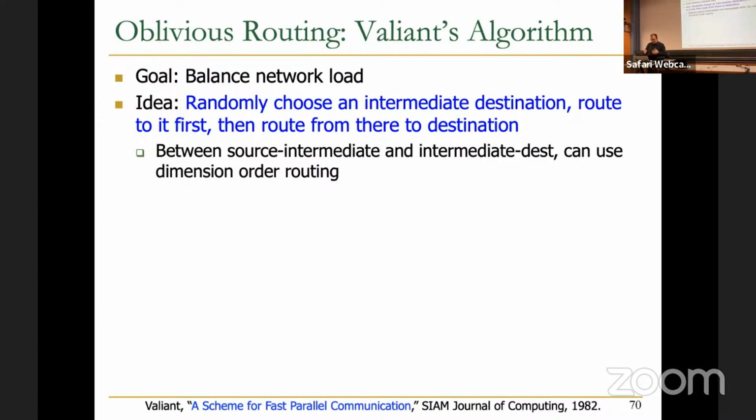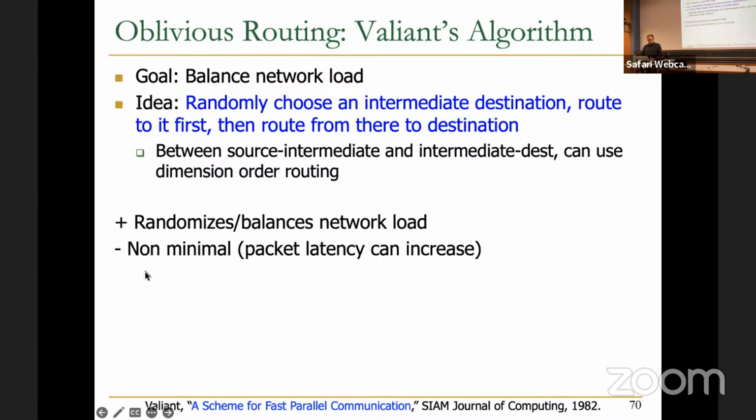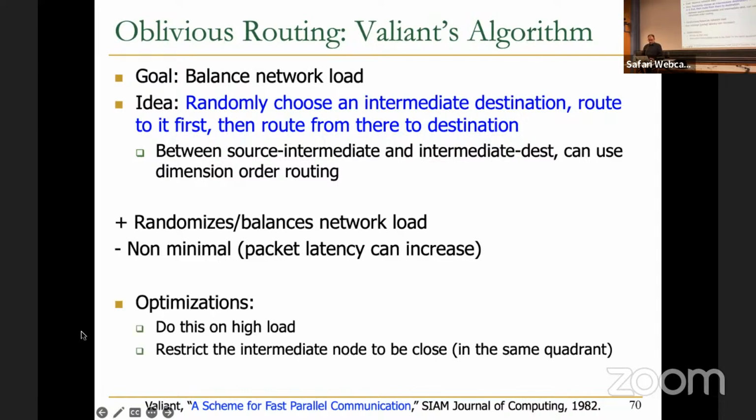So overall you can balance the load. It randomizes and balances network loads. And this is non-minimal because depending on which node you select, it can make your path non-minimal.